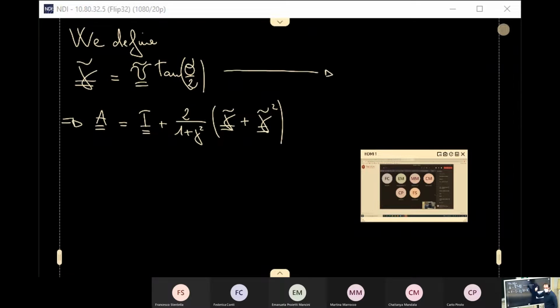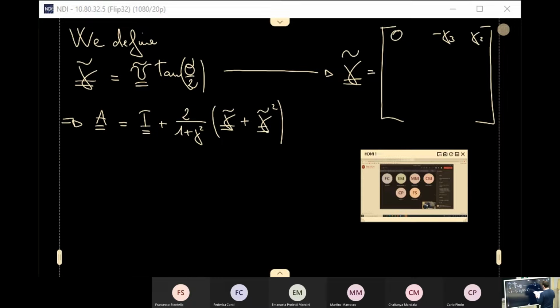Because, resorting to the definition of the Rodrigues parameters that we started at the very beginning of this calculation, we have that gamma tilde is always a skew matrix, which is done like this: 0, minus gamma 3, gamma 2, gamma 3, 0, minus gamma 1, minus gamma 2, gamma 1, 0.